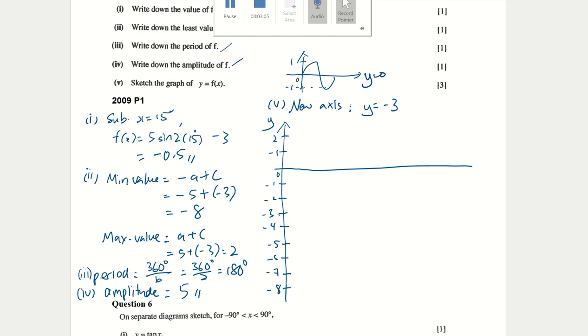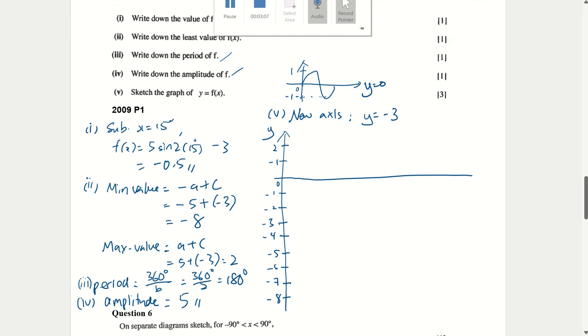And then since I need to draw from 0 to 360, so my 180 will be okay. Let me try again. Let's say this is 360, then my 180 will be somewhere around here, my 90 around here, and my 270 around here.